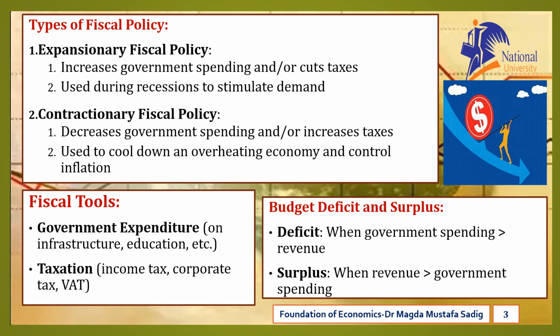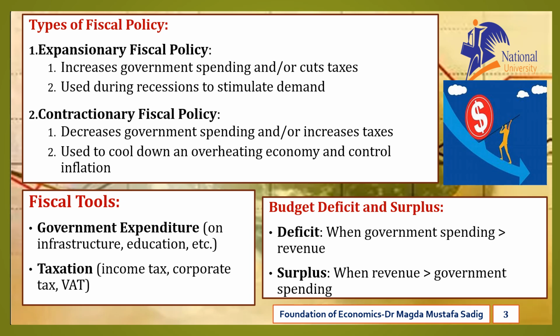Government expenditure means spending on infrastructure, education, healthcare, and public services. This creates jobs, boosts demand, and supports development. Taxation includes income tax, corporate tax, VAT, and more. Taxes influence how much money people and businesses have to spend.